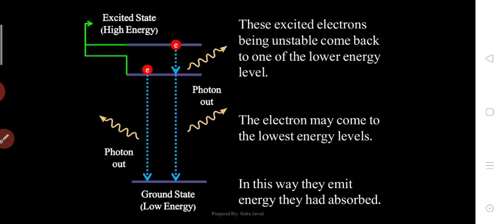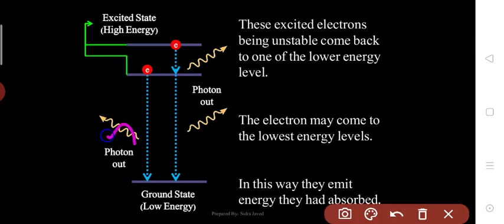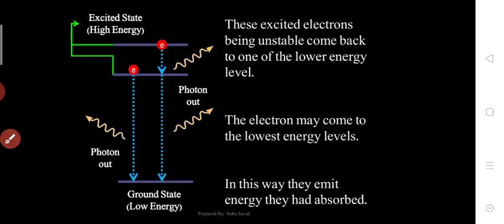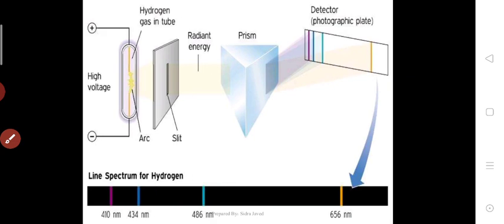After about 10 to the power of minus 8 seconds, they immediately come down by losing the excess energy which they absorbed previously, and the electrons may come to the lowest energy level. In this way they emit the energy they had absorbed. In this figure you can see they have emitted the photon which they had absorbed, and they are coming down again to the ground state.